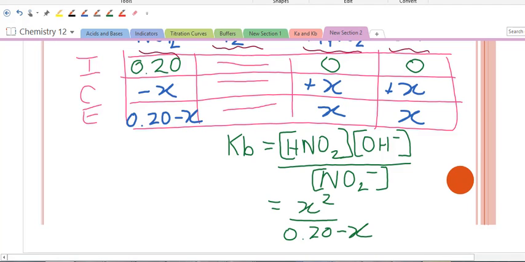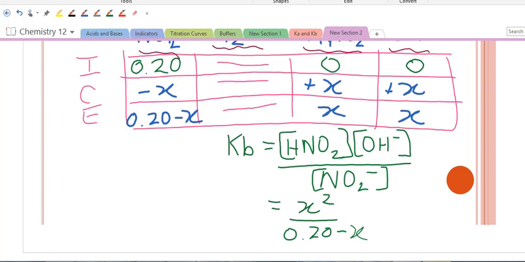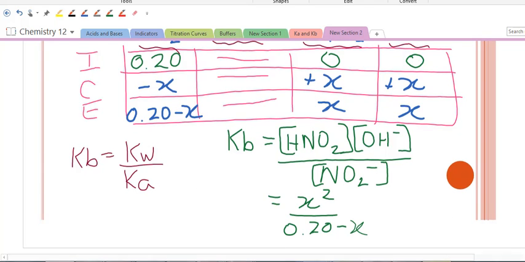So this would all be good if we had a value for Kb. Kb is equal to Kw divided by the Ka of the conjugate acid, which we just look up from the table.